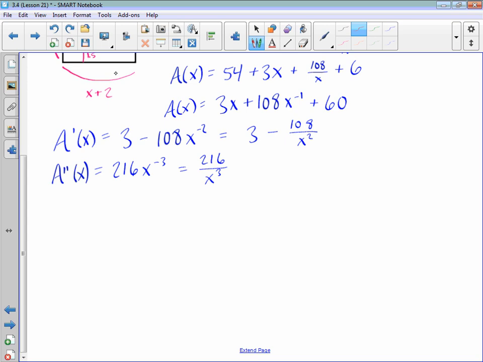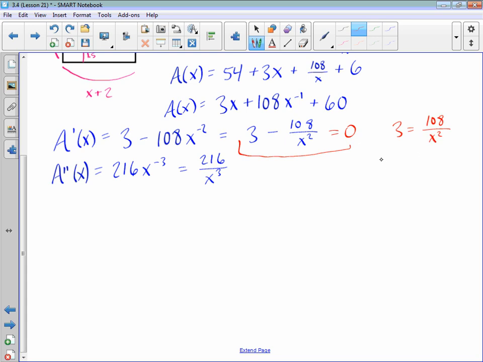Alright, let's slow down. Of what function? What function are we studying? First derivative. We want our critical numbers. So we're taking our first derivative, and I'm setting it equal to 0. So if I set this equal to 0, can't I just add the 108 over x squared over? So this turns into 3 equals 108 over x squared.